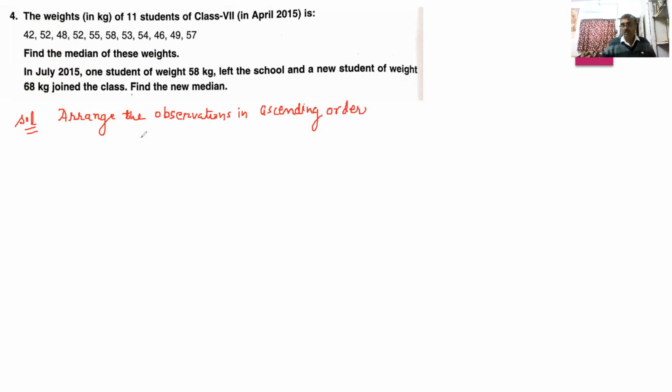First of all, which is the smallest number here? That is 42. Write down 42. After 42, 46. So the student with weight 46.